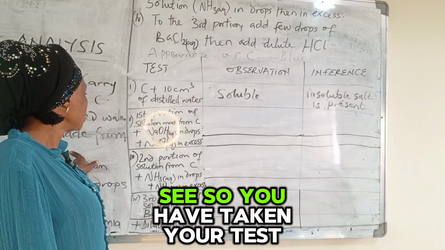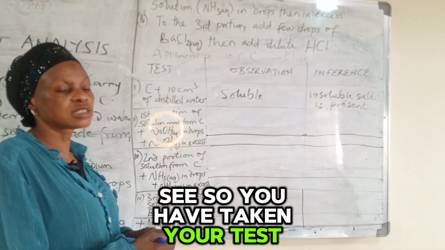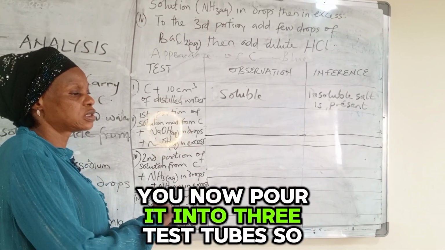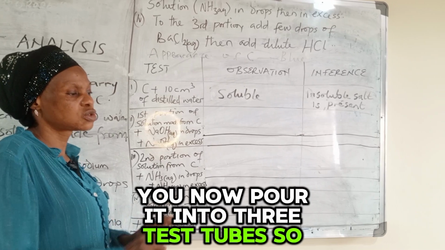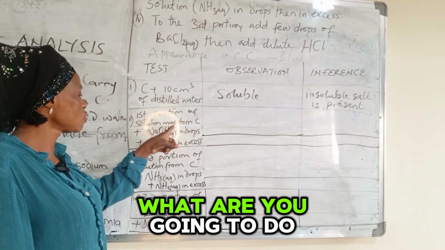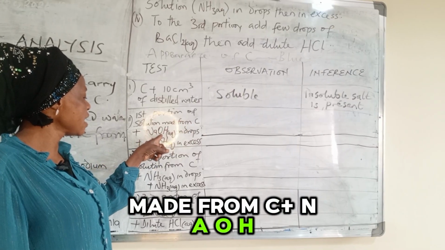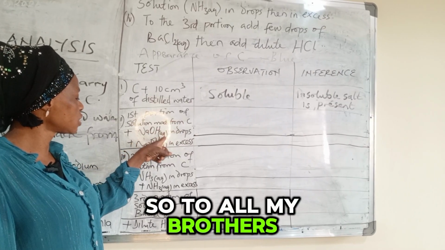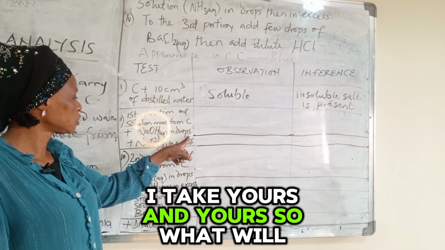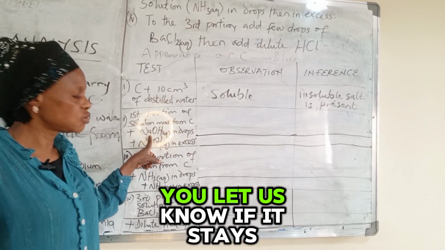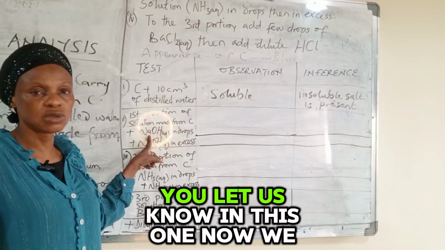You have taken your test tubes, made a solution of C, and now pour it into 3 test tubes. So to the first portion, what are you going to do? The first portion of solution made from C plus NaOH, sodium hydroxide, aqueous in drops. If it dissolves, you let us know. If it stays, you let us know.